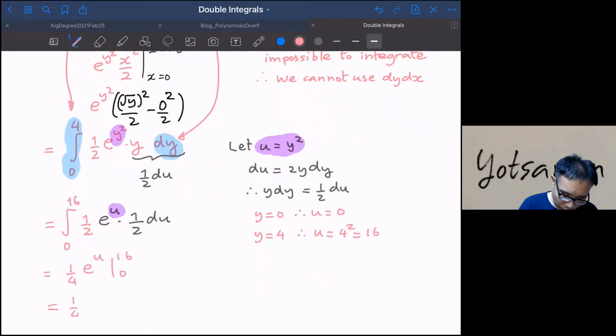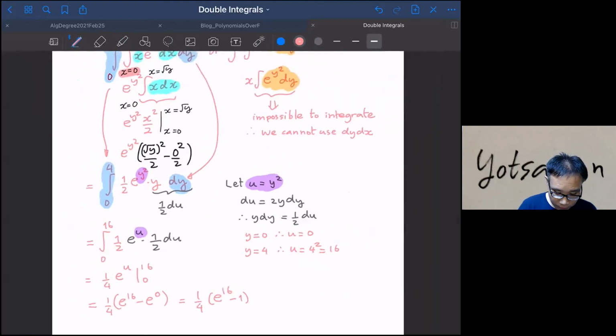That is 1/4 times e to the 16 minus e to the 0, so you get 1/4 times (e to the 16 minus 1).